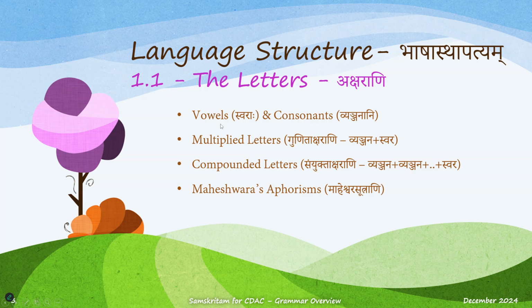What are the sub things we have to see? Vowels, swaraha. Then consonants, vyanjanani. Swara is a pullinga shabda, vyanjana is a napumsaka shabda. Quite a few of you are from South India, and one thing we South Indians have easy in our life is that only people more or less take pullinga and strilinga, and everything else takes napumsakalinga.